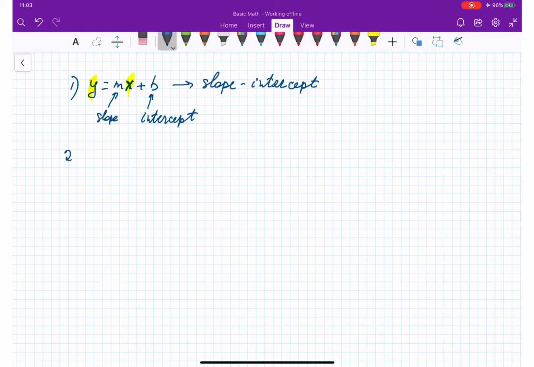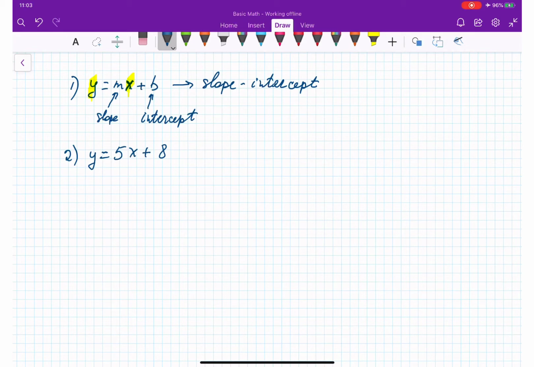question number 2. If we have y is equal 5x plus 8, so that's the same format as y is equal mx plus b, right? Then what is going to be slope?